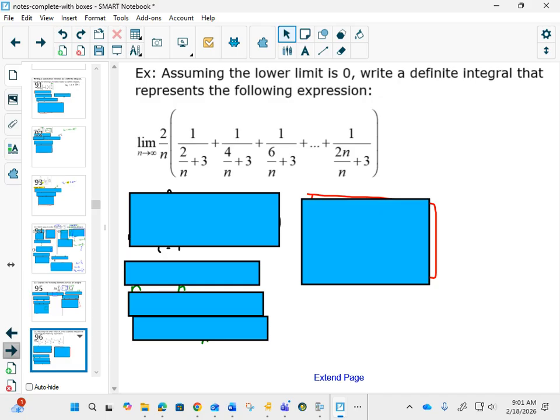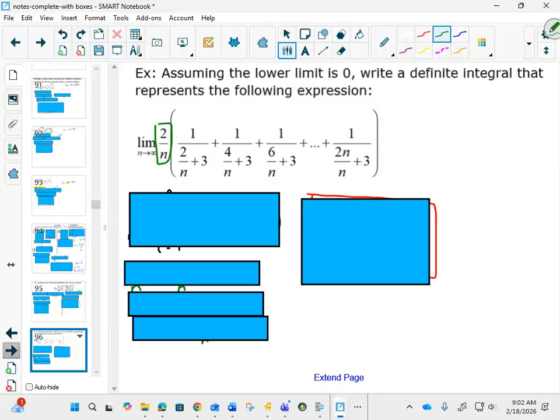Now, assuming the lower limit is 0, our a value is 0. We want a definite integral that represents all of this. Notice it's not in summation notation. It's expanded to give you the entire sum. Here's our change of x. Our change of x is out front.